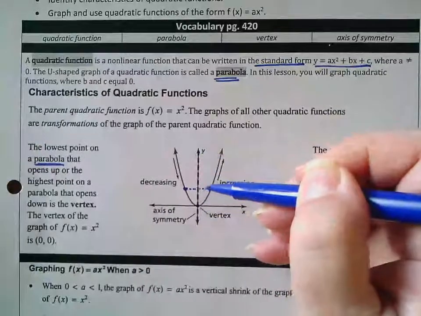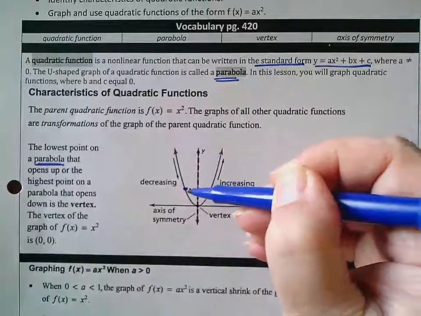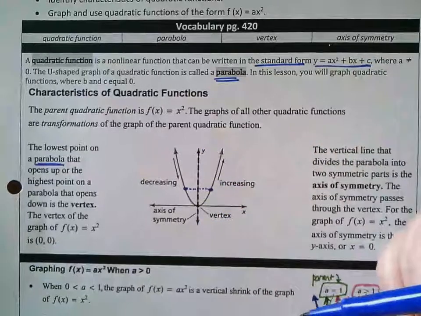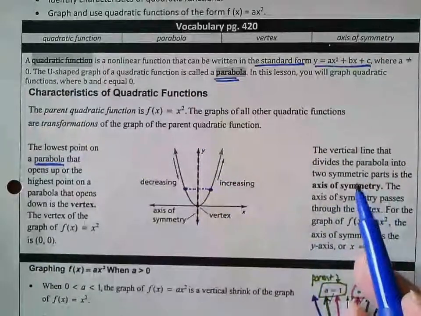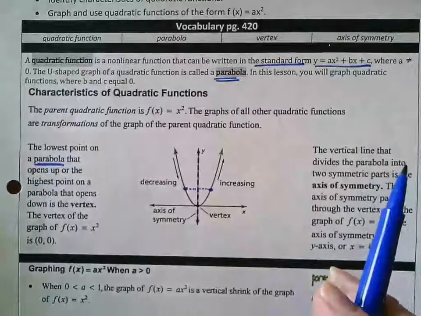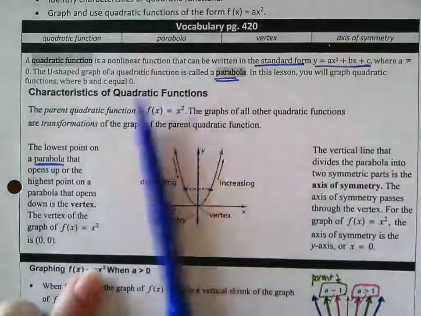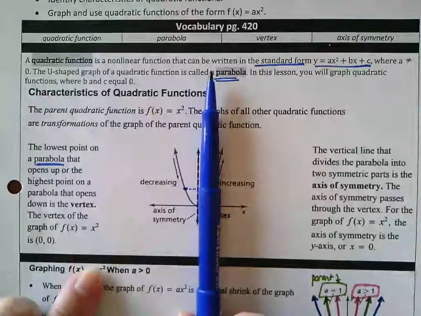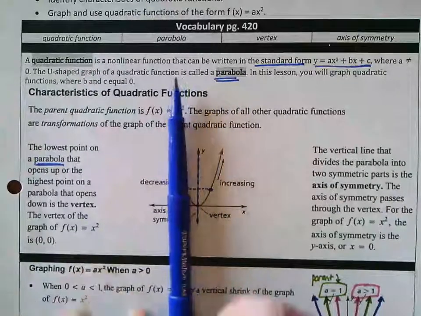So from here to here, it's the same distance as it is from here to here. The axis of symmetry goes through the vertex. So the vertical line divides the parabola into two symmetric pieces. If you take a look at it, you see this side right here. This is the mirror image of that. And that's what the symmetry is.